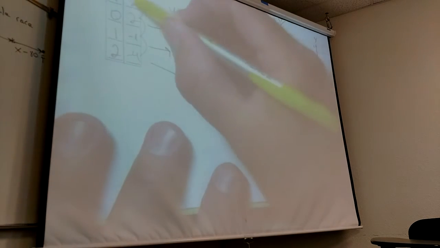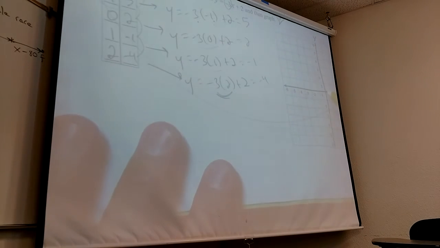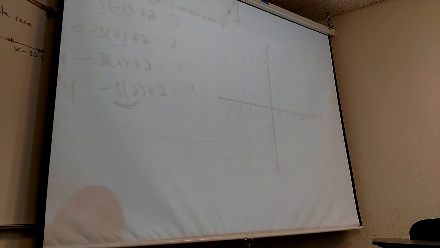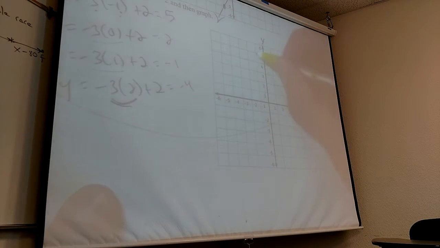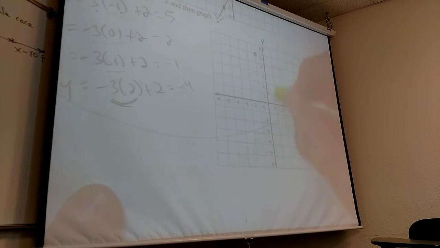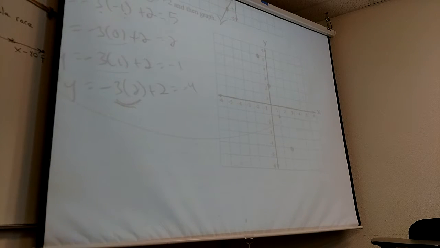So now I just plot these points. -1, 5. 0, 2. 1, -1. 2, -4. And again, if I put a line through them, it's got to go through all of them. If it doesn't, then you've done something wrong.